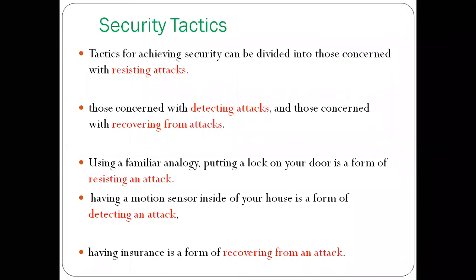Here, security tactics may involve resisting attacks, which means checking whether the application, the site, or some product is being accessed by an authorized user or not.